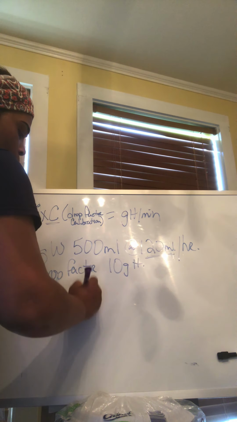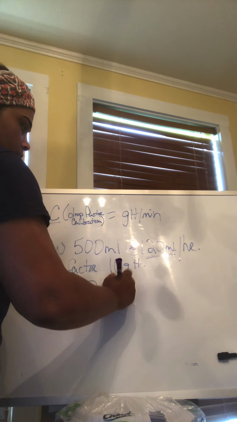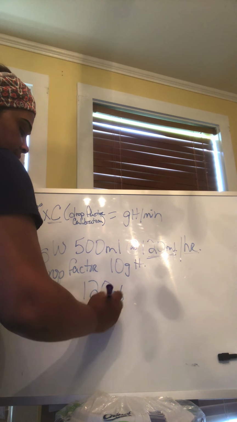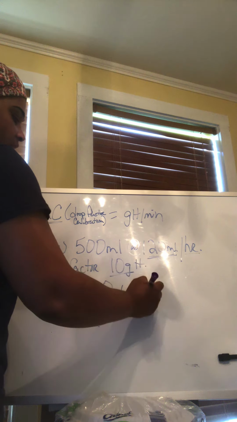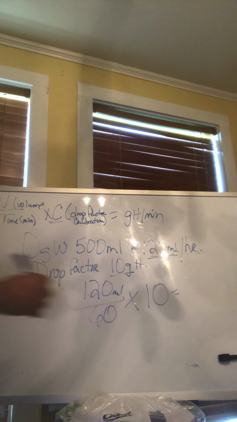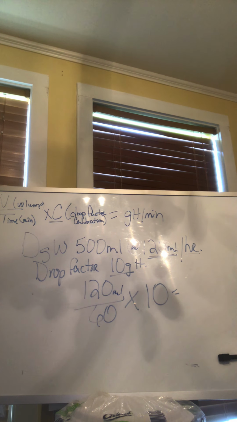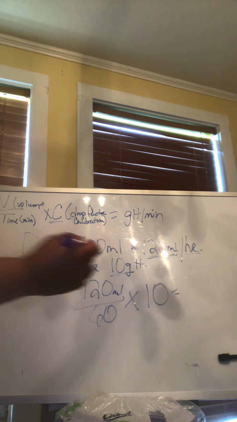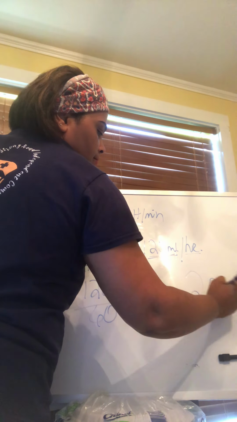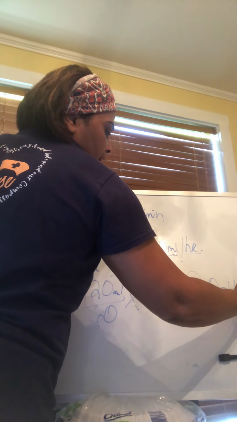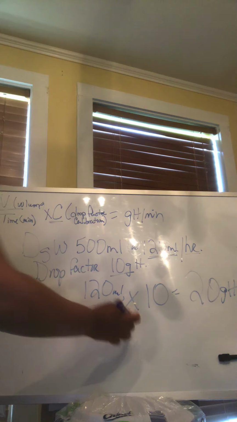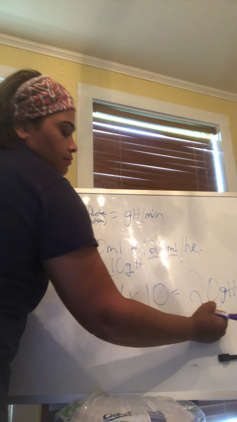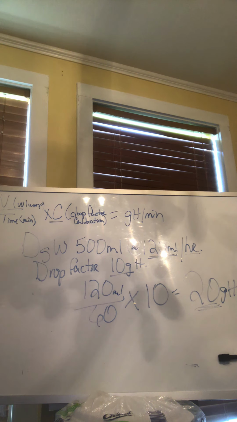We have 120 milliliters in an hour, so 60 times our drop factor, which is 10. If we plug that into our formula, we have 20 drops per minute. So our answer is 20 drops per minute.